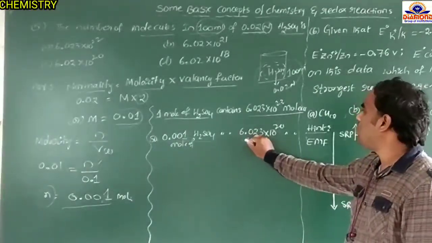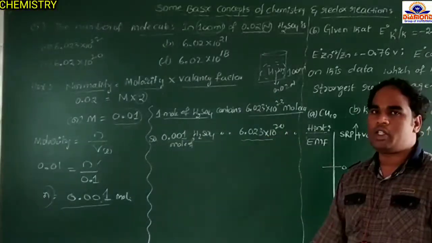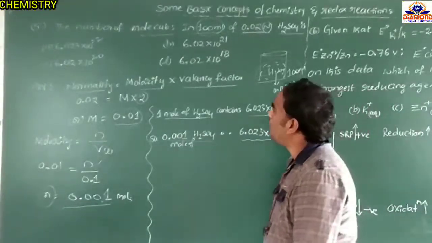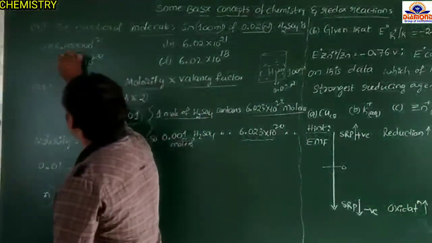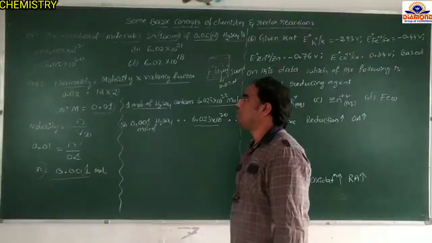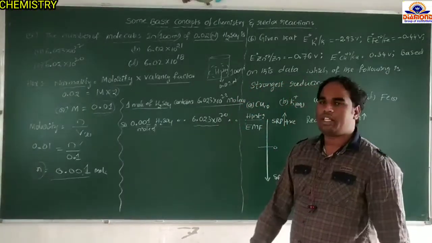Therefore 6.023 into 10 to the power 20 molecules are present in this solution. Therefore option C is correct: 6.02 into 10 to the power 20.